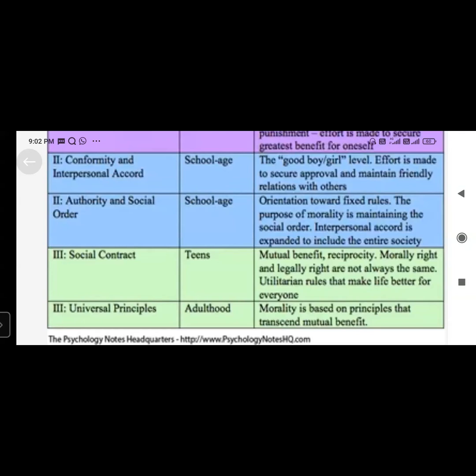So here employee expects mutual return. Mutual return means both should be benefited, right?